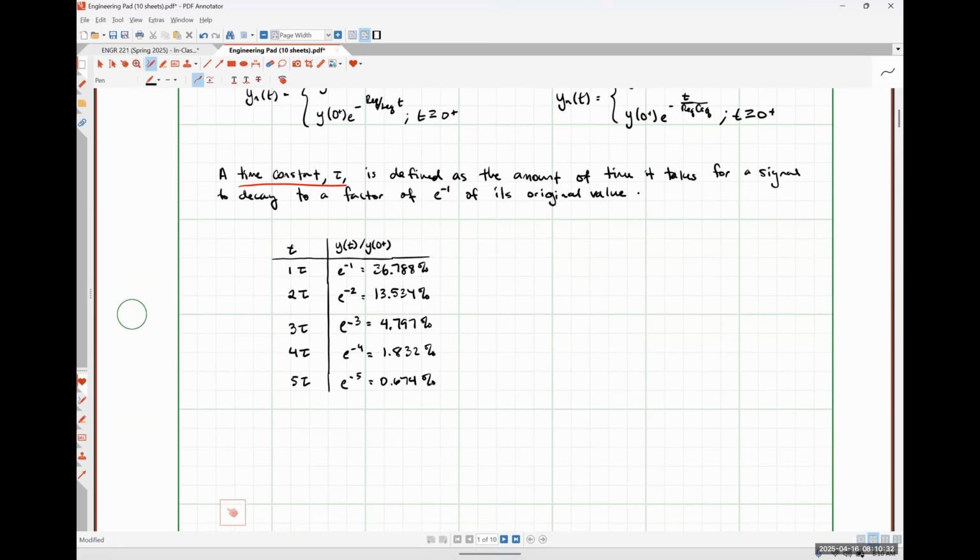So it takes only 5 time constants for our signal to decay from its maximum initial value down to less than 1% of its initial value. So this is what we have collectively agreed to represent t equal to infinity, okay? So if we allow a signal to decay for 5 time constants or more, we consider that it has reached DC steady state again, okay?